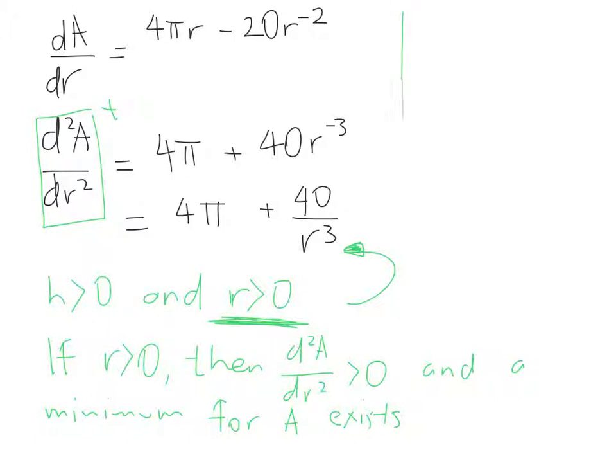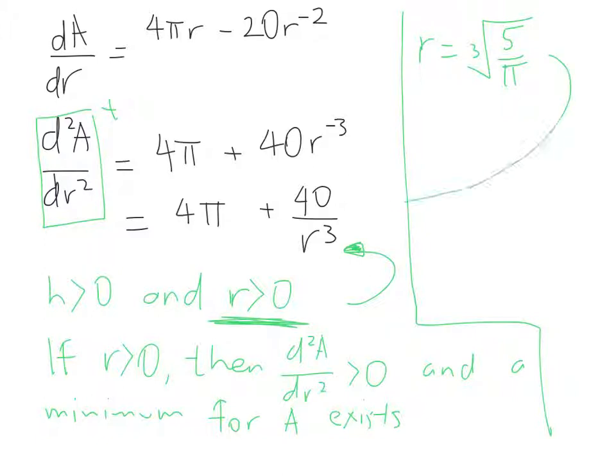And as we just found on the previous page, it is where r equals the cube root of 5 on pi. Now you could simply put this value into the second derivative and confirm that it's positive, but we've just decided that it's going to be positive because 4 pi plus 40 on a positive number has to be positive.